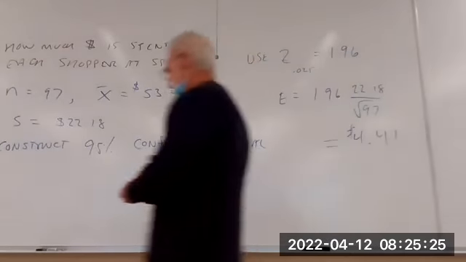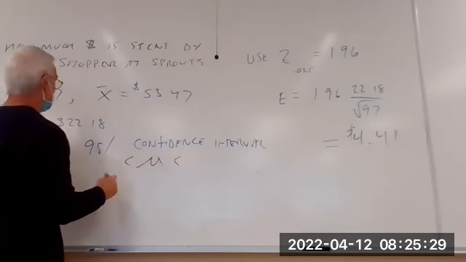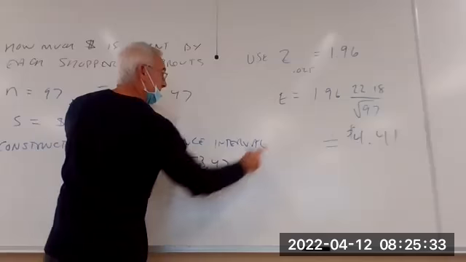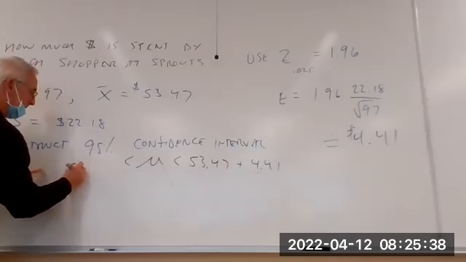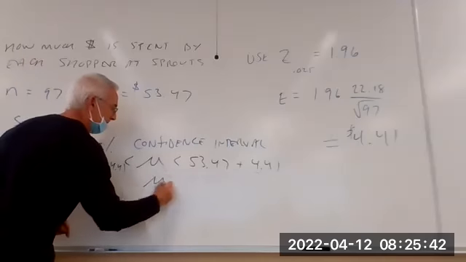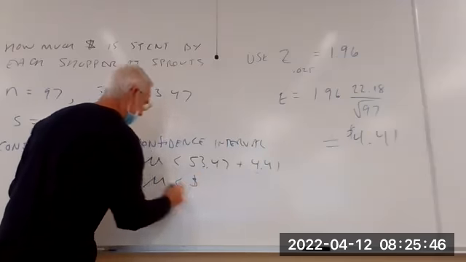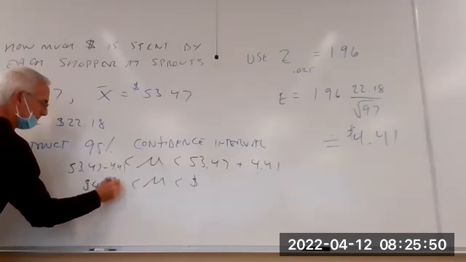So then we can write that out. The true mean is between this number plus, this number minus, and we'll put the units on in our answer. So what do we get? For the minus, it's 49.06.